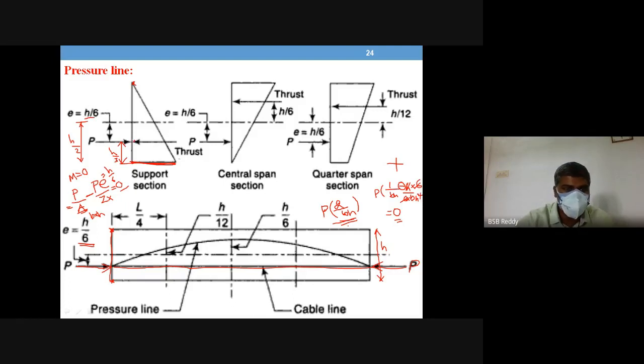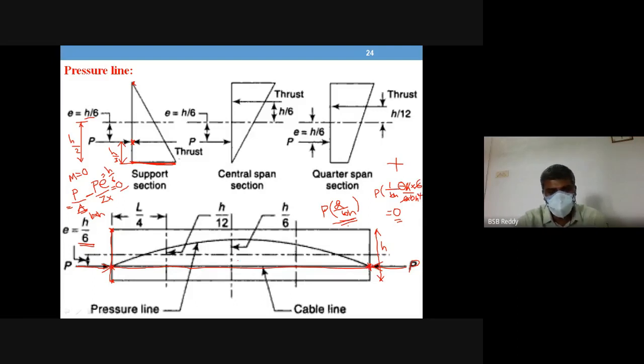So resultant compression is matching with the cable line here. Okay. That means cable line is here, and also resultant compression is at the same point. So at support sections, you can see, for a simply supported beam of height h having eccentricity h by 6, the pressure line starts at the cable line itself.